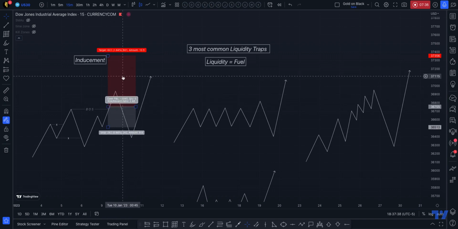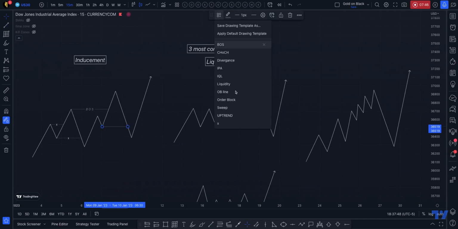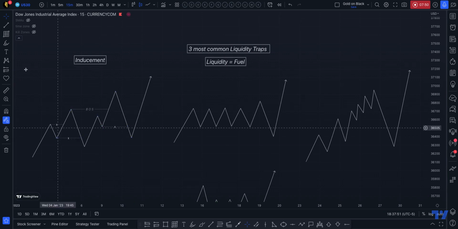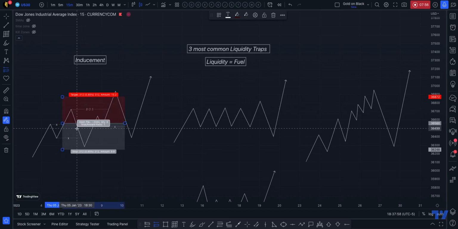It's taking liquidity over and over again. What the market does is comes back down. Guess what? Induces again, right? It's taking liquidity from those lows right there. Below those lows, there's money sitting, right? Or above the highs, there's always money sitting because that's where people put the stop loss.